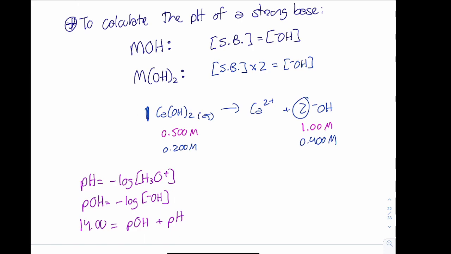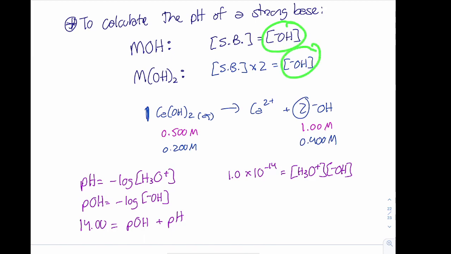The other way is you could take your hydroxide ion concentration and divide it into Kw, 1.0 times 10 to the negative 14th, which is equal to hydronium ion concentration multiplied by hydroxide ion concentration. So if we divide our hydroxide ion concentration into Kw, I get the hydronium ion concentration, and then we can take the negative log of that value. Both of those methods will get us our pH.